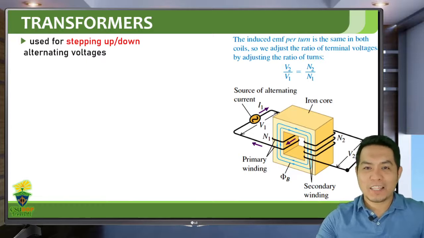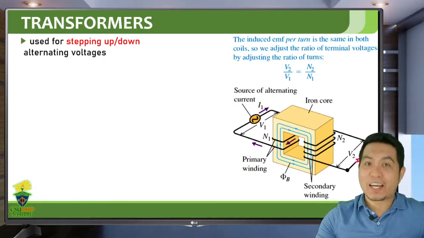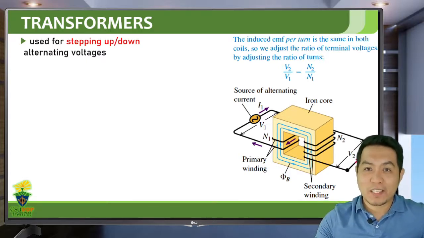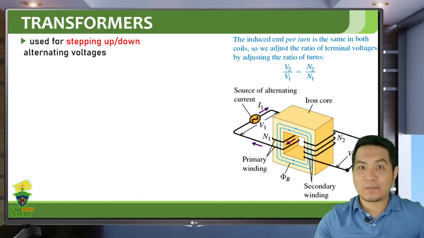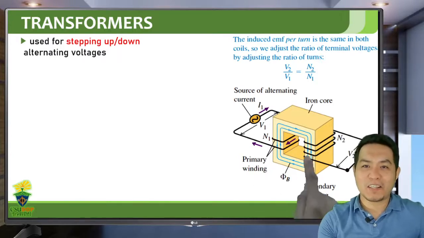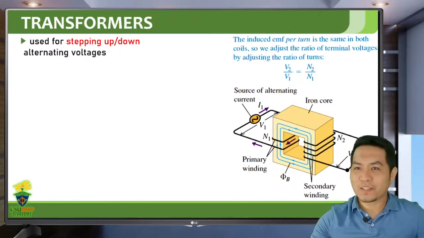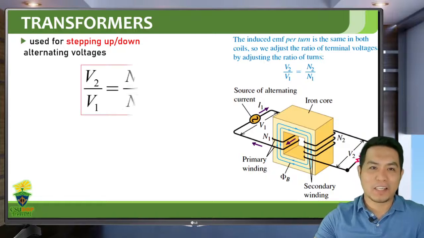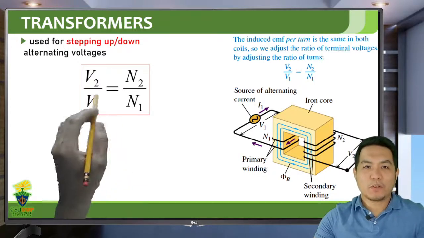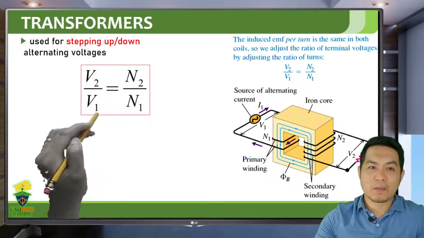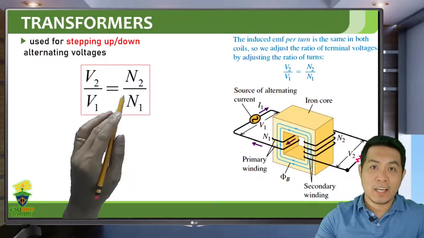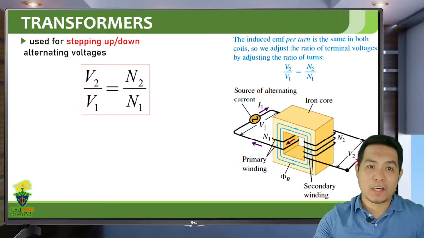Unlike direct current, which needs actual physical contact, for alternating current you can transfer alternating current wirelessly from one coil to another coil. So that's one advantage of alternating current. The ratio of the secondary to the primary voltage is given by the ratio of the number of turns.